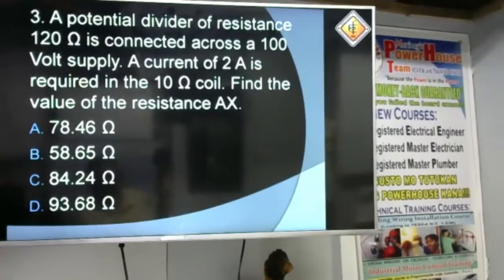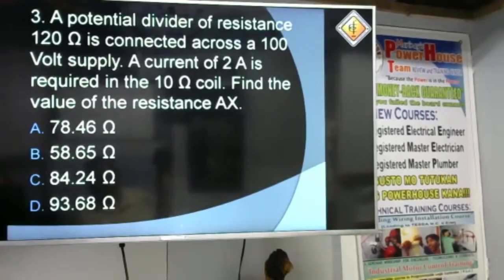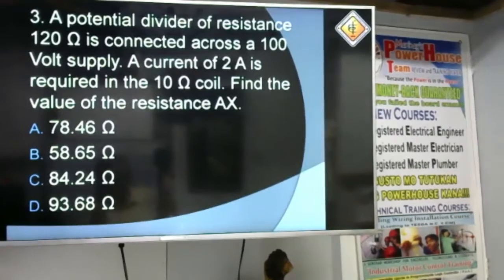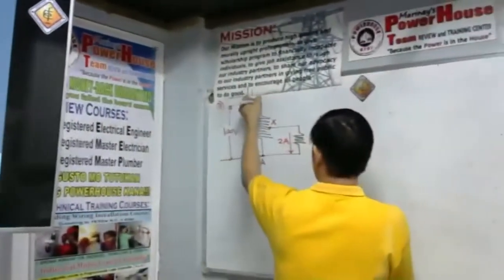So you need 2 ampere here. So find the value of the resistance AX. By the way, where is AX? Okay, so this is point A and this is our point X. This is our point B.